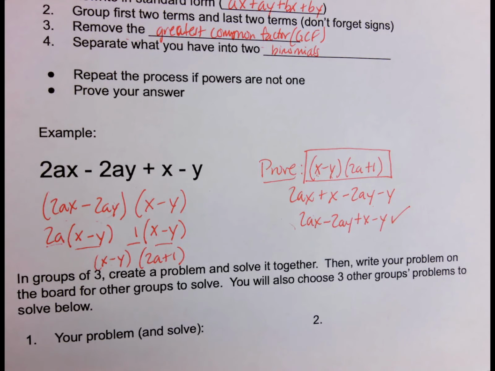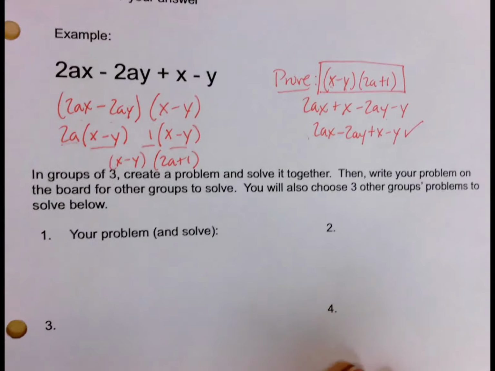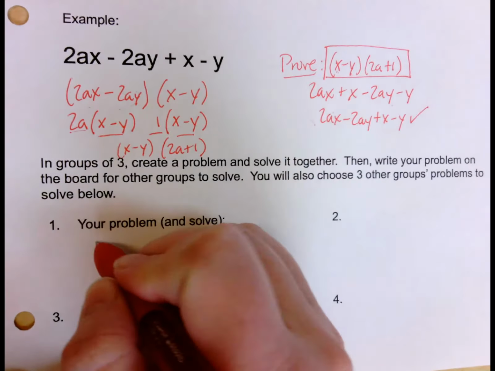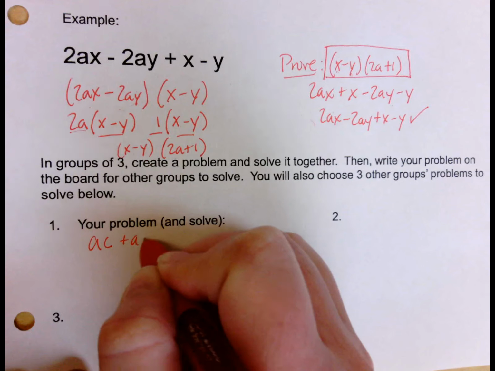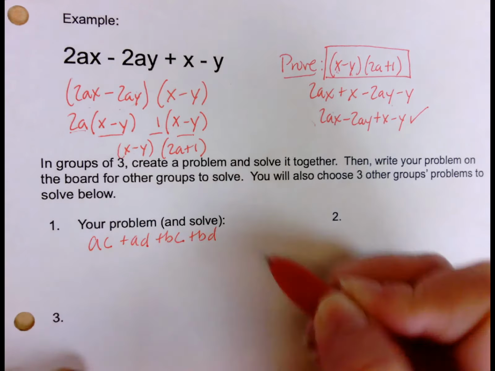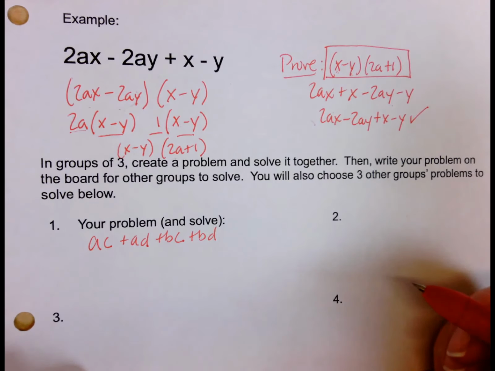Nice because we've already done it. There's nothing new here. We're just continuing the same process, or part of the process, that we did on backwards FOIL, okay? So down at the bottom here, the problems I want you to work on today: we have AC plus AD plus BC plus BD. I want you to do that one. It's a pretty straightforward one.